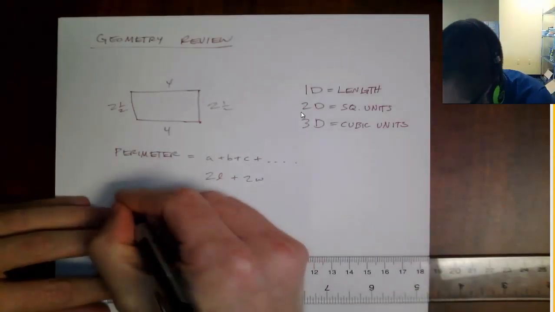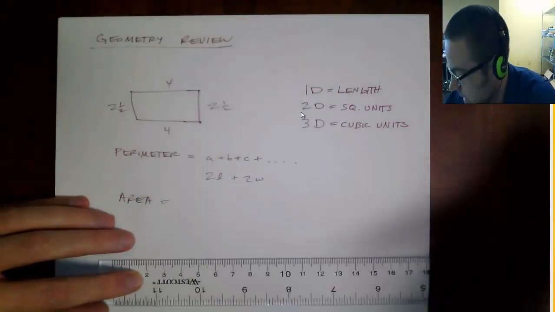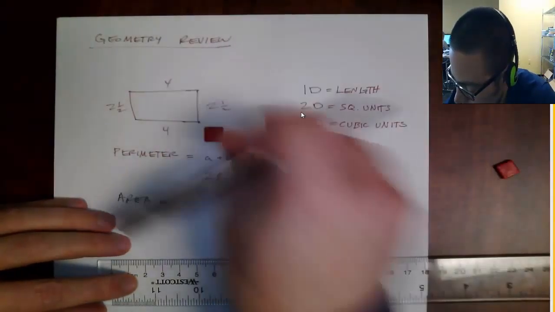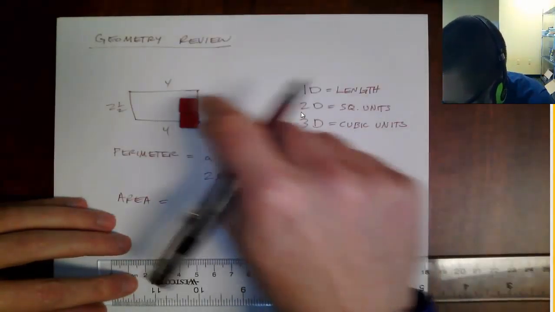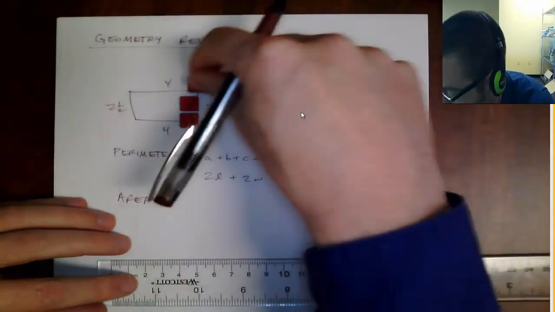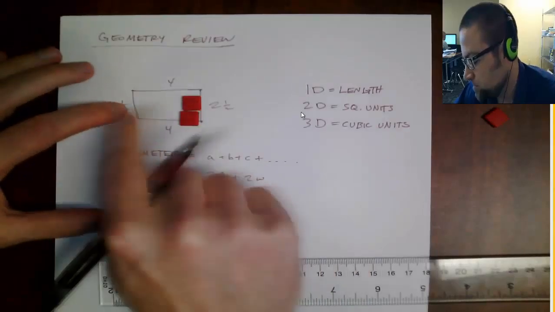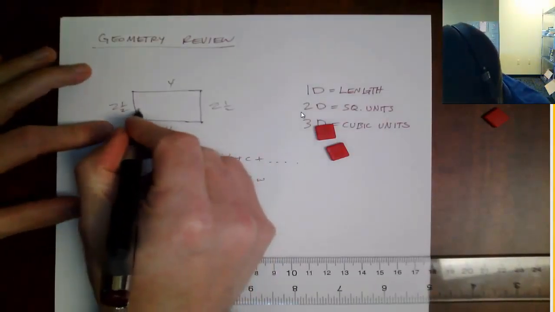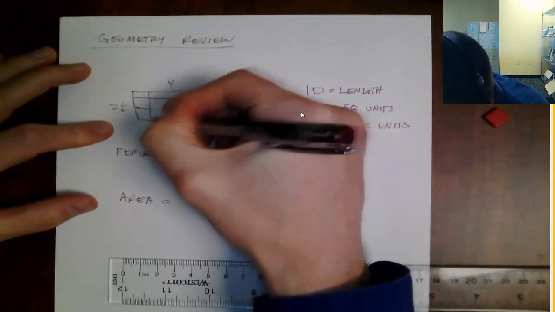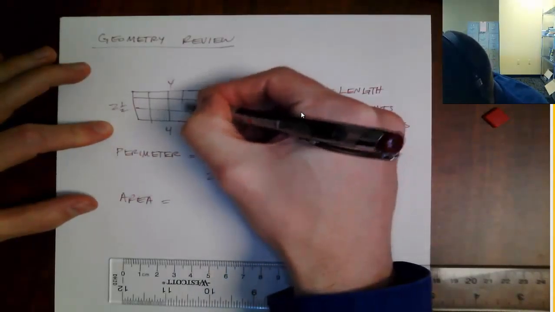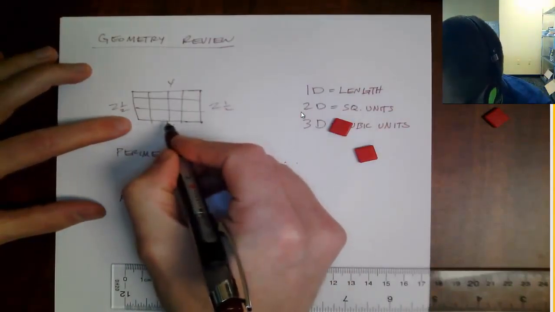Area you can think of as tiles, so square units. So there's maybe 2 tiles that go this way, and a little bit more, like 2.5 tiles. So if I were to add up all the tiles that would go across this shape, even including the half tiles, how many whole tiles would be covering the shape?